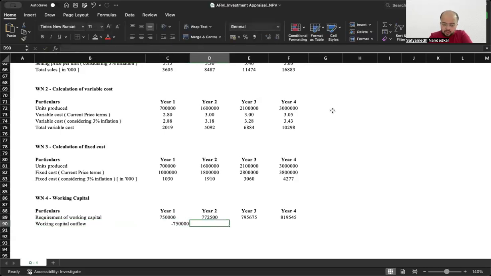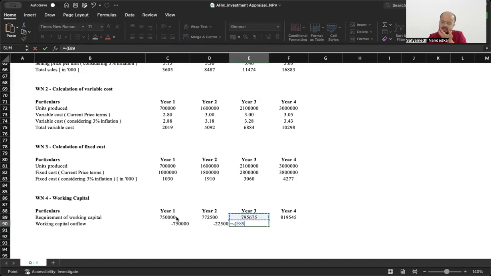In year 2, your requirement is 7,72,500. 7,50,000 worth of working capital is already invested in the business, already circulating in the business. So, how much more working capital do you need? 22,500. In year 3, the total requirement of working capital is 795,675. 7,72,500 is already circulating in the business. So additional कितना लगेगा? How much more investment in working capital would you need? 795,675 minus 772,500.